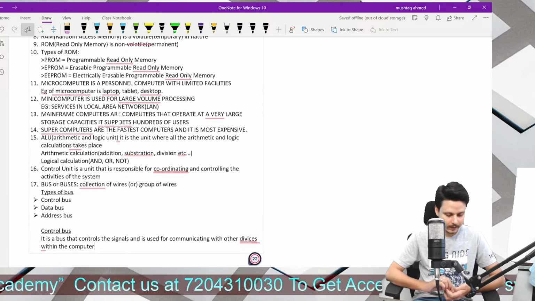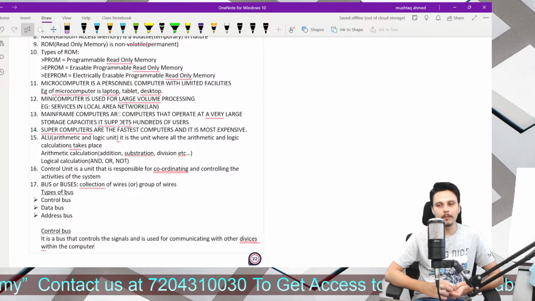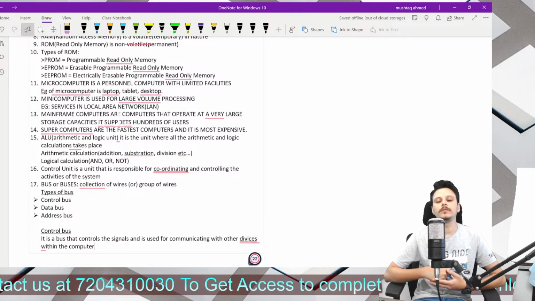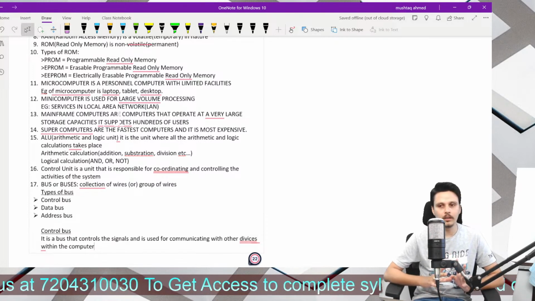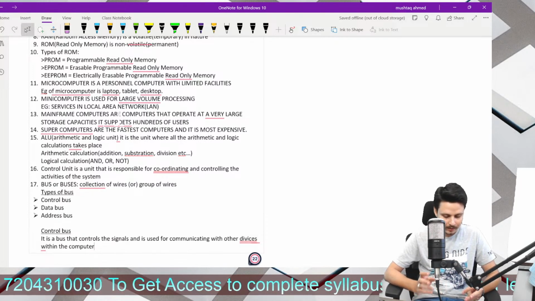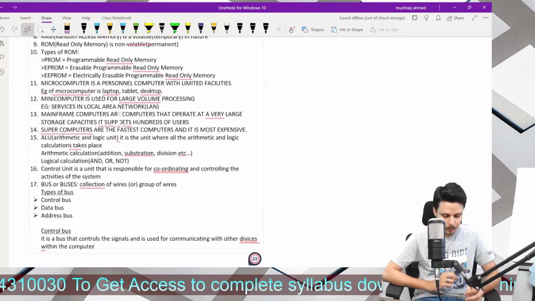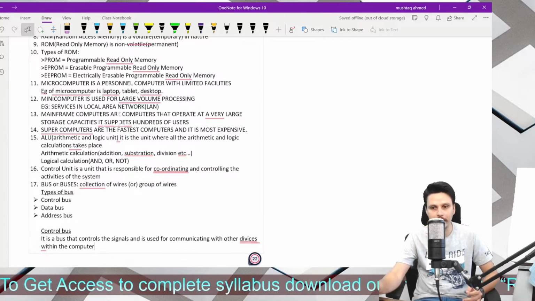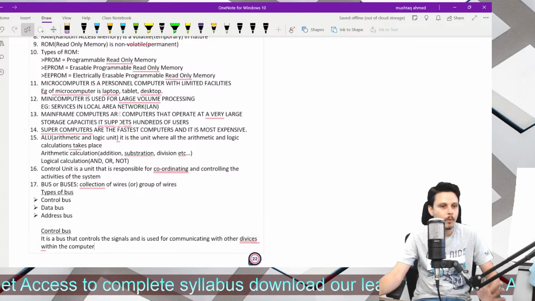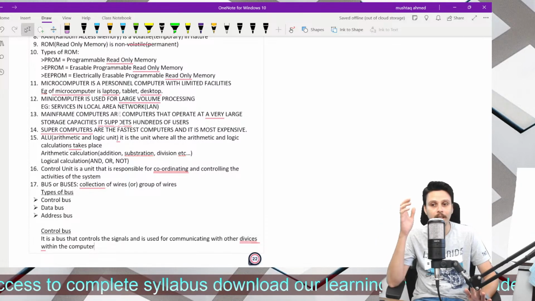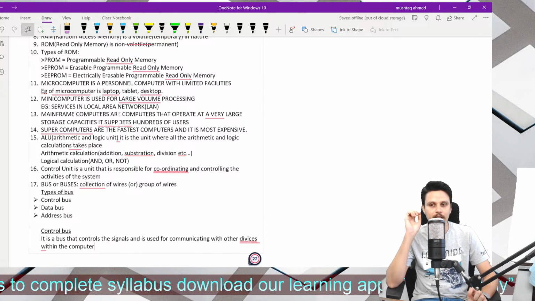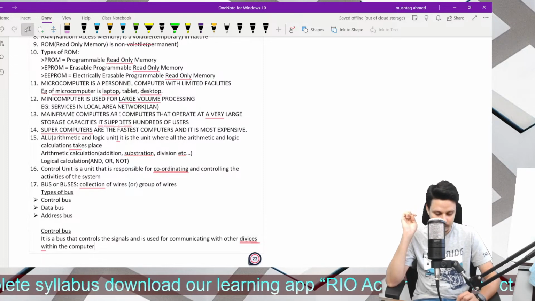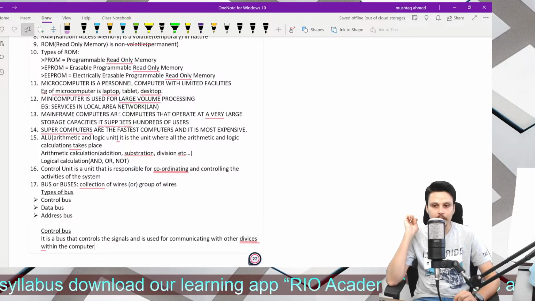It carries the signal from one device to another device within the system. It is responsible for transportation of the data.